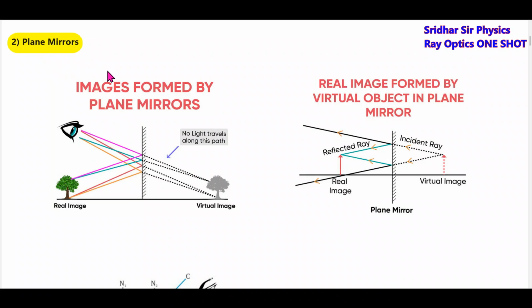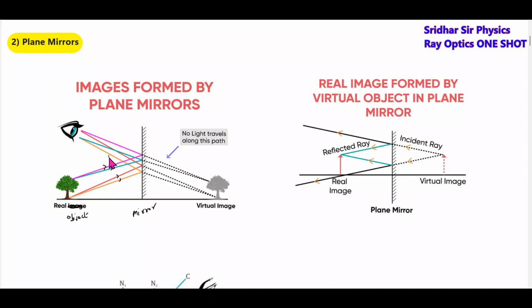Now the image formed by plane mirrors. There's a plane mirror. Then there's the object, a real object. The real object will send rays like this.